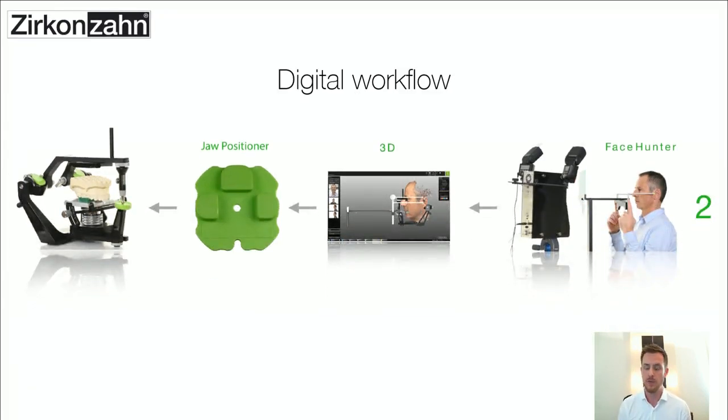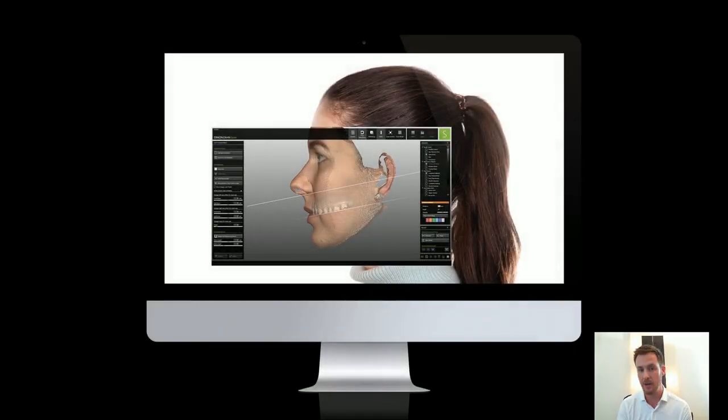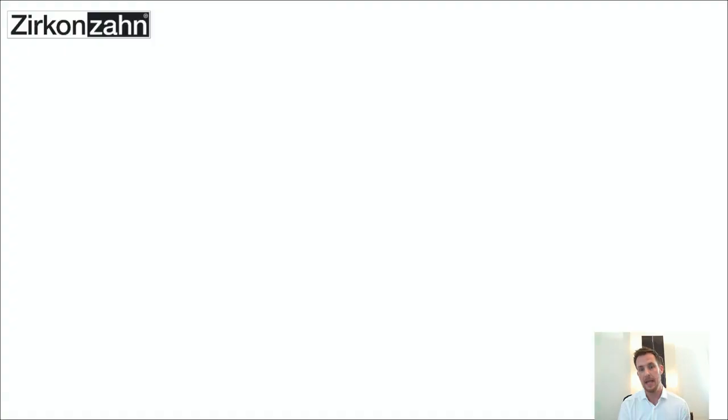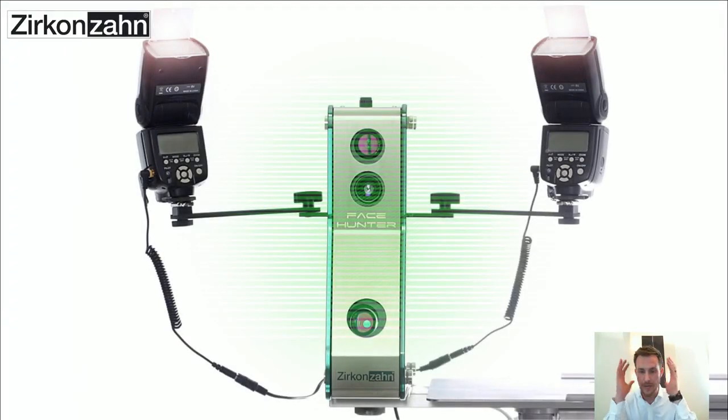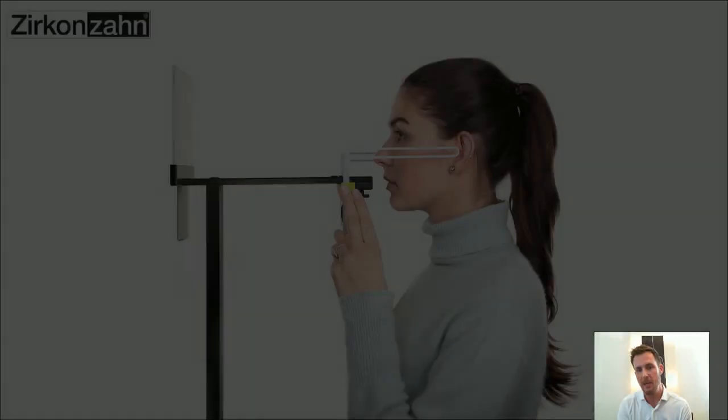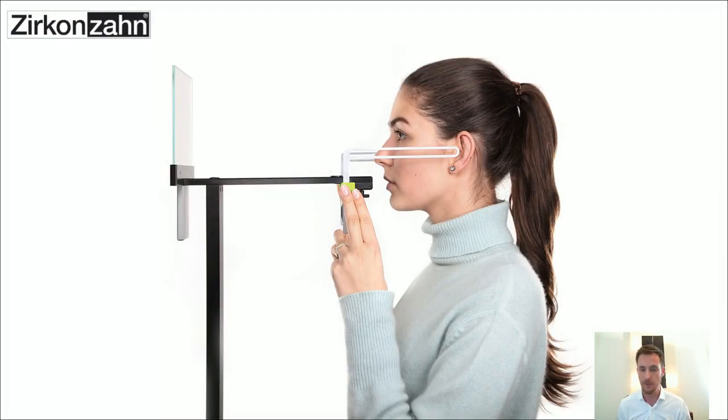The digital workflow is in combination with our facial scanner called Face Hunter. The facial scanner is just a device to make of the patient's face a 3D photo, and this is how it looks. And how we can use it now in combination. So first step of all is to control the patient's head position, as I explained you 2 minutes ago.